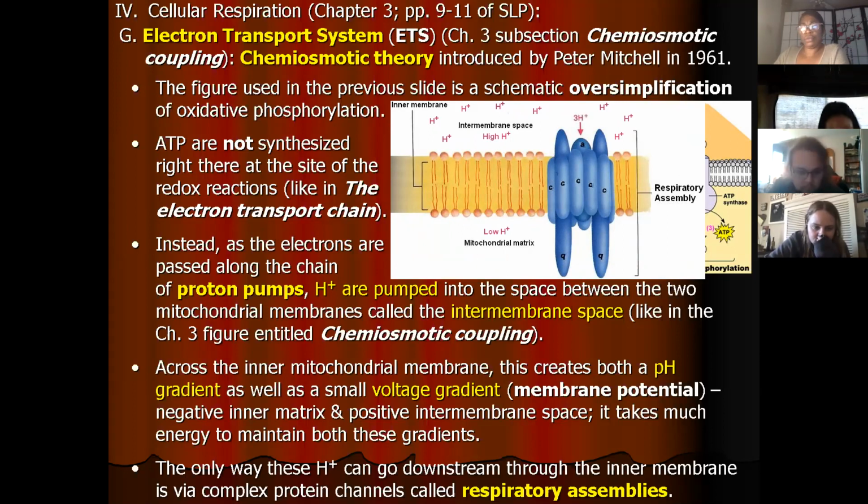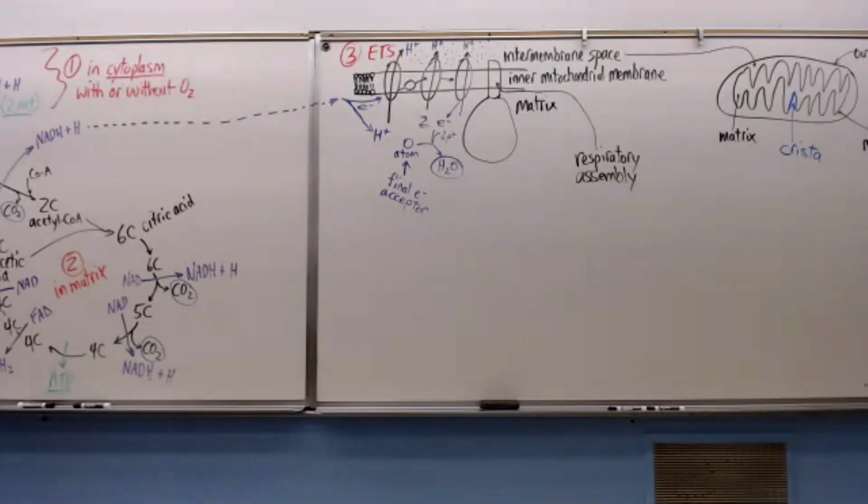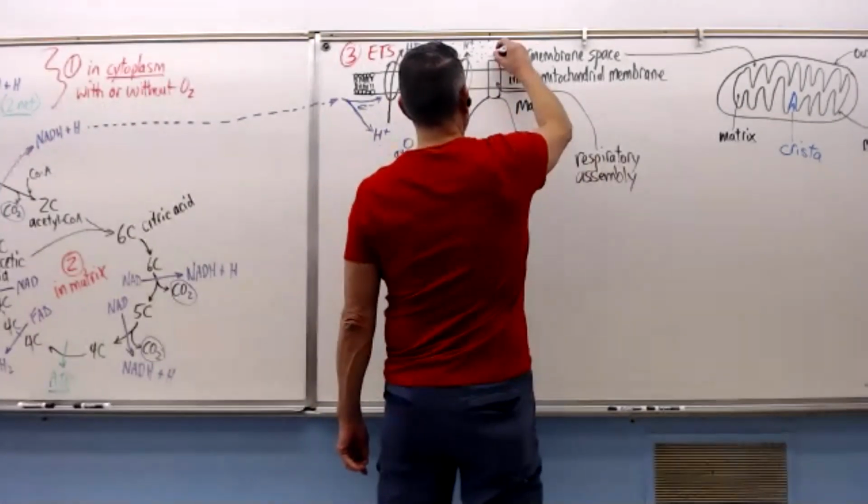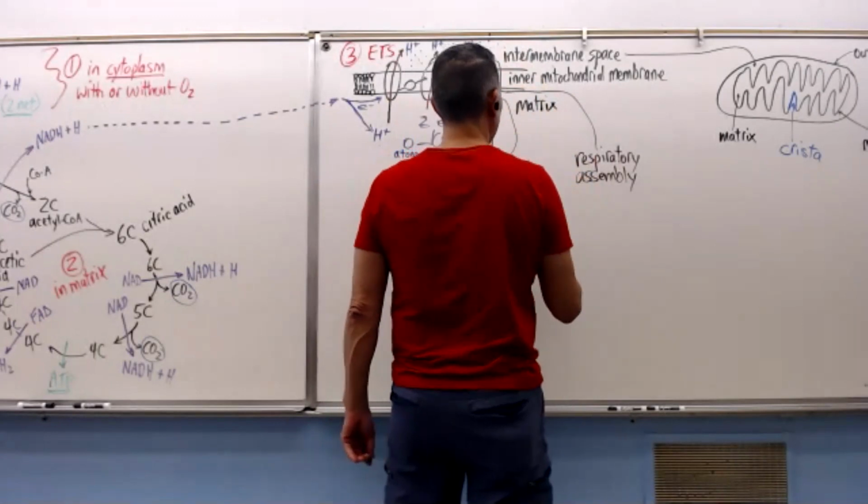This is facilitated diffusion. Why? You've got a way higher concentration of hydrogen ion up on top, way lower in the matrix, and it's going through a protein channel. Boom.